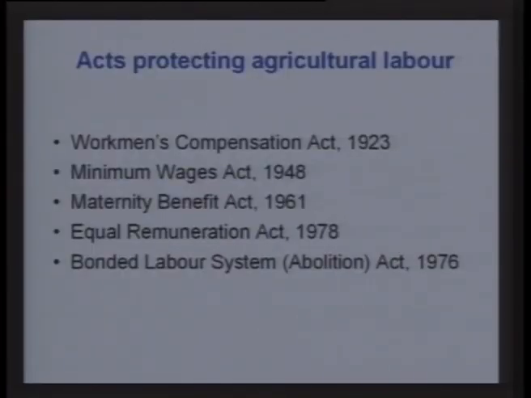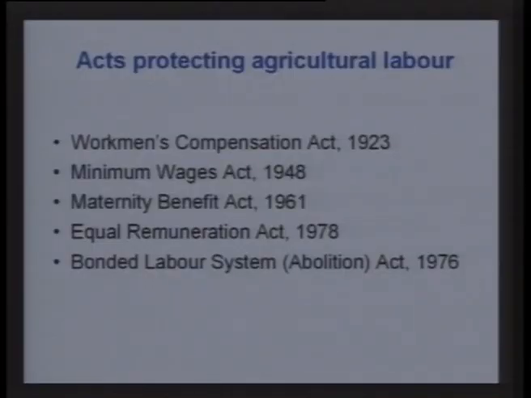They continue to get a certain amount of remuneration, and they do not lose their job at the time of this special situation of pregnancy. Then the fourth one is the Equal Remuneration Act, which was passed in the year 1978, and this is meant for providing equal wage for equal kind of job.